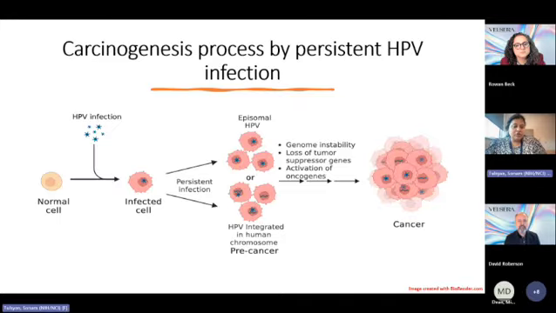In persistent HPV infection, the HPV genome can either stay in its episomal form or in the integrated form in the host. This leads to a pre-cancer stage, and this persistent infection causes genomic instability, loss of tumor suppressor genes, and activation of oncogenes, which finally leads to cancer.